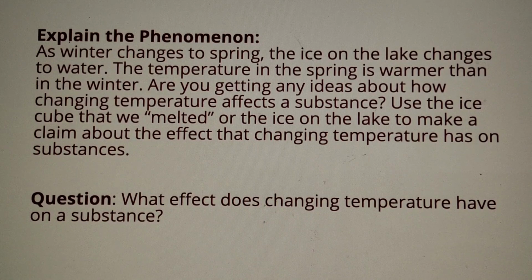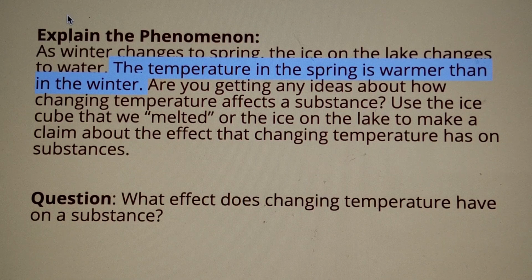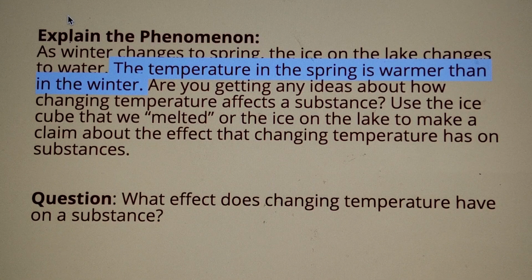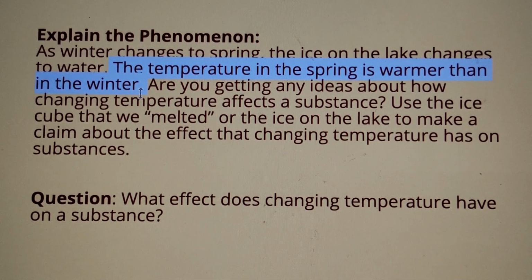Over here it says the temperature in the spring is warmer than in the winter, because we know that winter is colder. It's possible that it could snow in winter, but spring is different. It's warm, not really hot like summer, just a very cozy warmth.